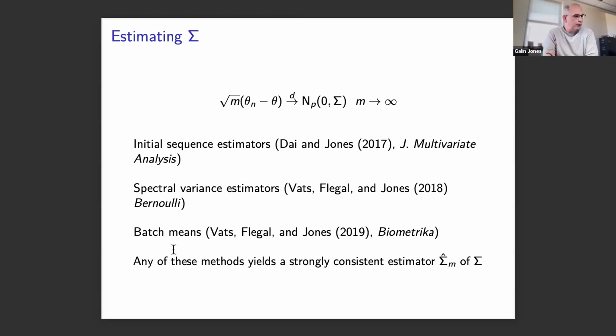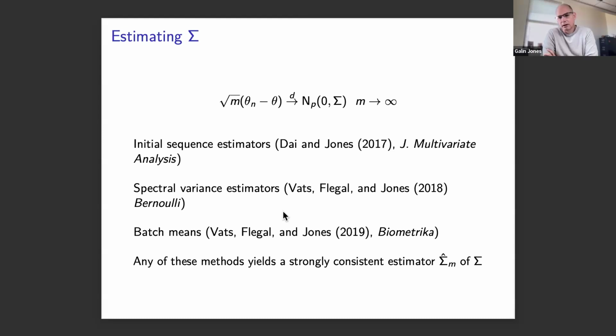Under conditions, which I'm not really going to go into, any of these can be shown to be a strongly consistent estimator of the true covariance matrix. And so as long as we can do this, and we can now with these methods, we should be able to make inference about our Monte Carlo error.